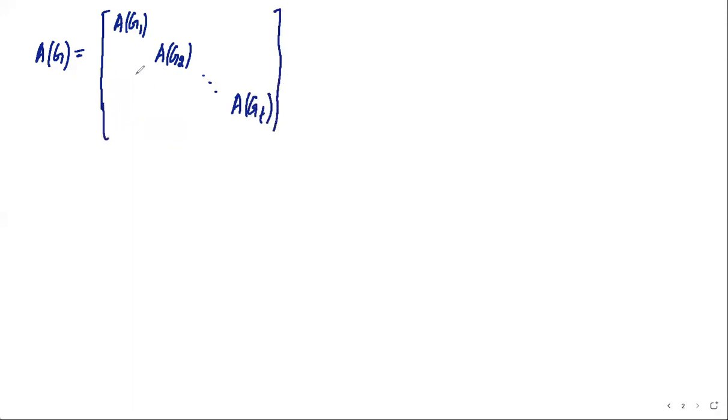All the remaining entries are equal to 0. So everywhere we have 0 except the diagonal blocks. Therefore, if we have a disconnected graph having T components G1, G2, up to GT, then the adjacency matrix of this G can be put in this kind of block matrix form.